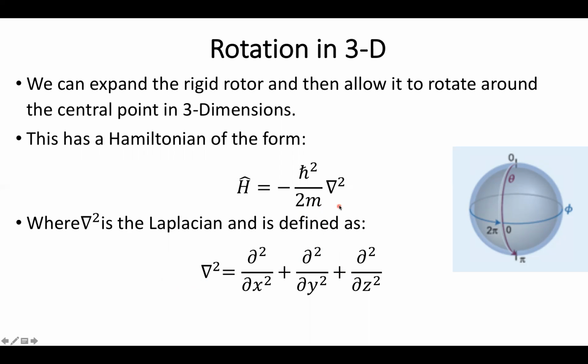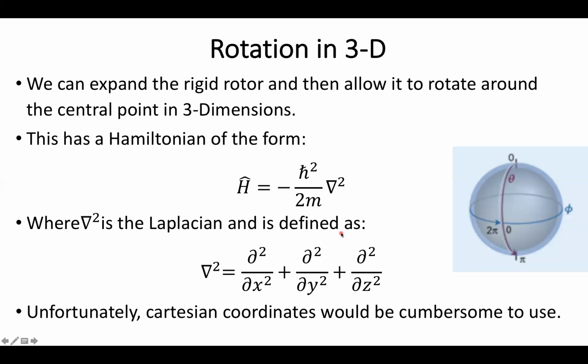And this is essentially a way of me talking about looking at the kinetic energy or movement in a three-dimensional space. However, the unfortunate part is that, as we saw last time, Cartesian coordinates kind of suck. So we need something that's a little bit less cumbersome to move.